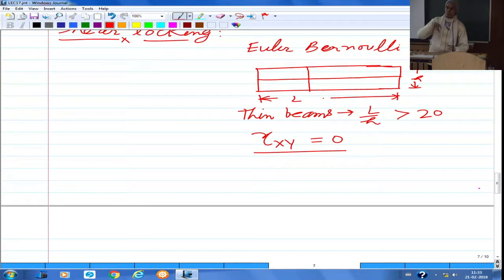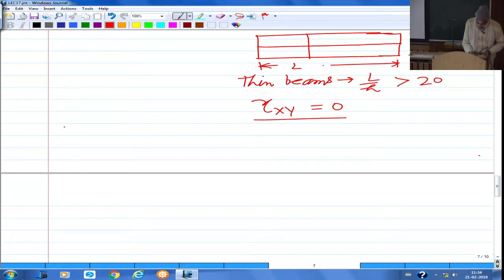Now let us reverse that question: what would happen if we use Timošenko beam finite element for simulating thin beam problems? So what would be the problem? Yes, so now let us look at that. This is the question we are going to answer.